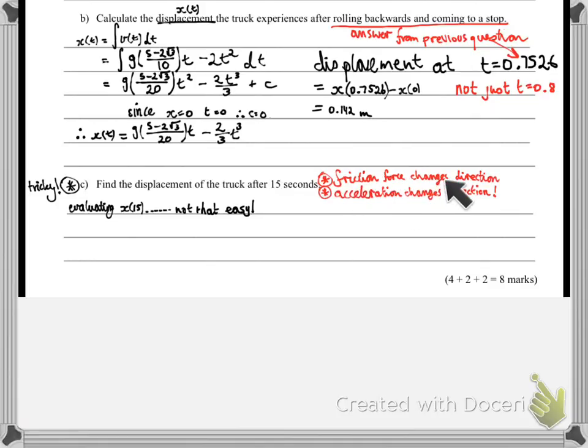We've got the friction force changes direction, and the acceleration changes direction as well. So it creates different equations of motion, and that complicates the situation. So when it's going forward, and the driving force is driving the truck up the hill, up the plane, the friction force is coming backwards, down this way, down the plane.